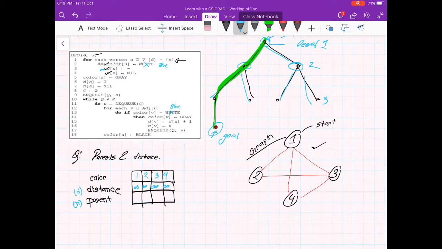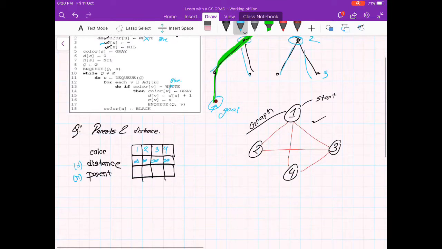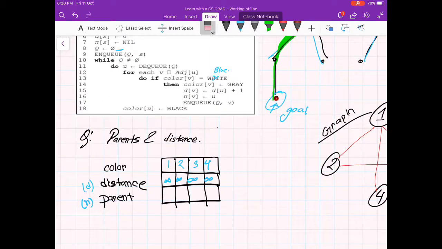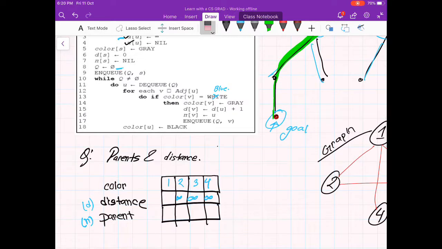Moving on, first of all, it says color S to gray. We'll be working with the starting node first, so we have to start the whole looping process and put it into a queue. It says d[S] is going to be 0, so we remove infinity from here, and it says color to be gray. So 1 is gray now. Gray represents that we are working with that particular node.